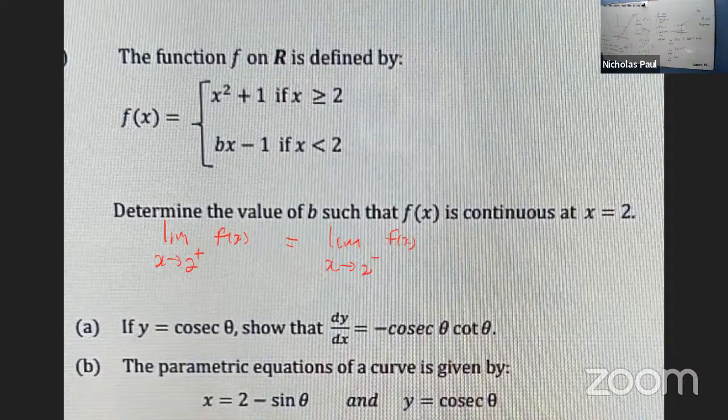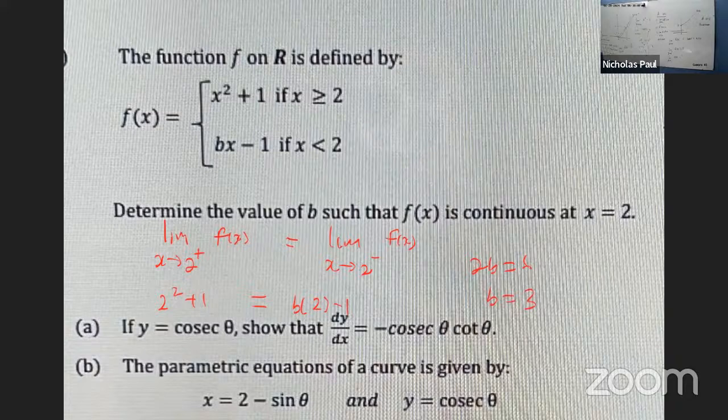One on top or below? On top. Nice. So that'll be 2 squared plus 1 is equal to b minus 1. 4 and 1 is 5. 5 minus 1 is 6. So yeah, b is 3. That's okay? b is 3.